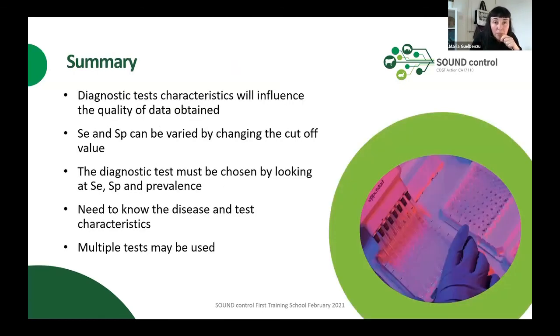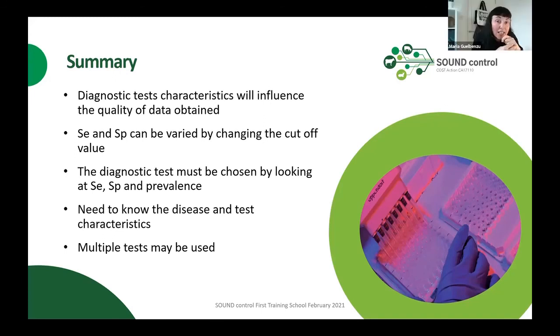So in summary, the diagnostic test characteristics are going to influence very much the quality of the data obtained with our research. We can change the sensitivity and the specificity by changing the cutoff value, but it's going to have an inverse relation. So it's always going to be a relation between the two.